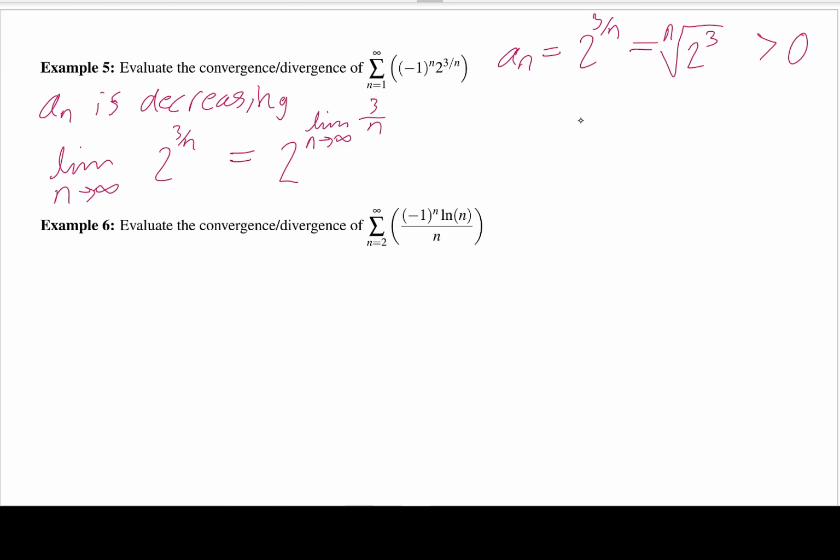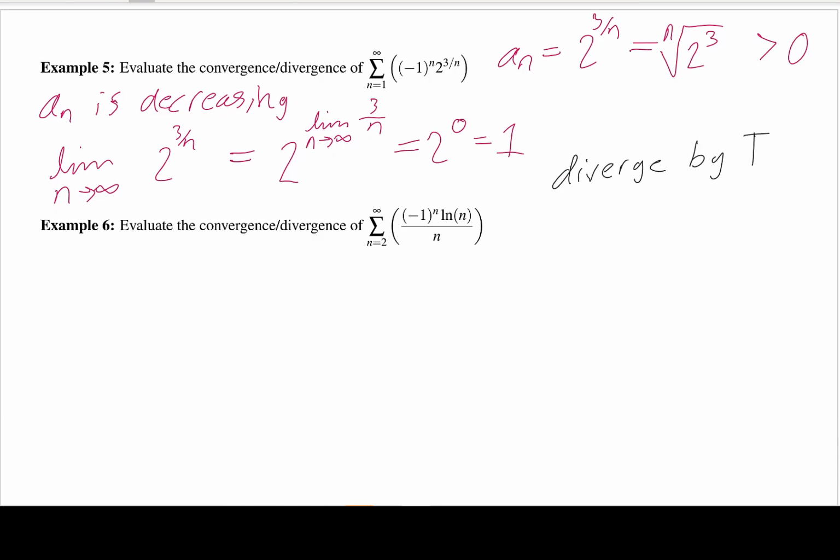Well, this limit is going to go to 0. And so we're going to get 2 to the 0, which is equal to 1, which tells us that the alternating series test is not the right thing to be using here. Instead, we can say that this is going to diverge by the test for divergence.